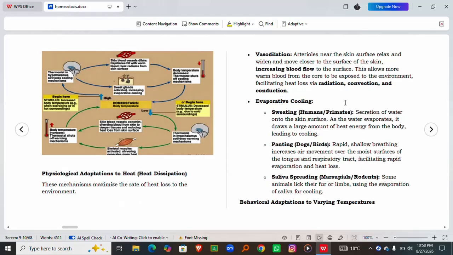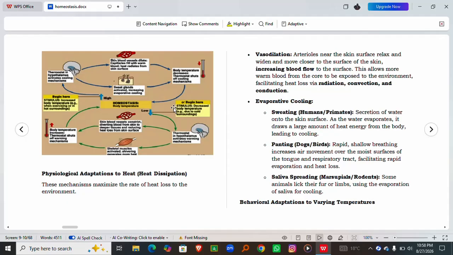Then this flowchart is trying to show what exactly happens when the temperature increases above the normal set point, and how the body responds. So basically, that is what we are looking at under temperature regulation.